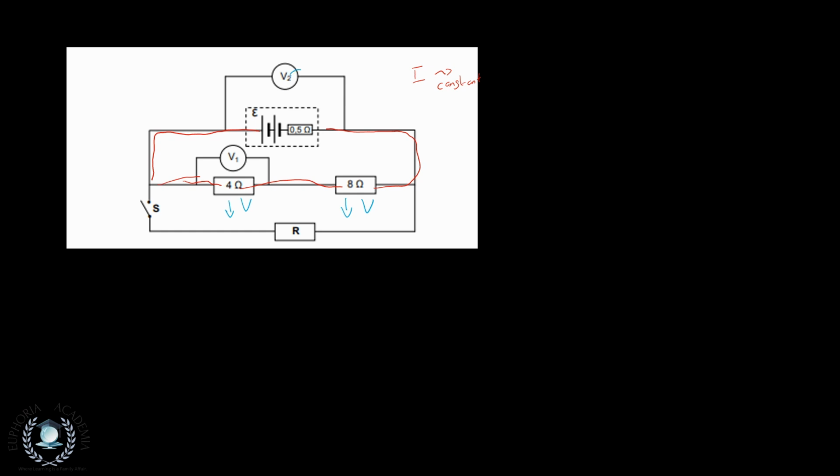Now V2 is actually measuring the external voltage, which will be the voltage drops of those 2 resistors. V1 is just measuring the voltage across this 4 ohm resistor, and then we have an internal resistance, of course, and the internal voltage in the battery will just be the current multiplied by the internal resistance, right? So there we have it.